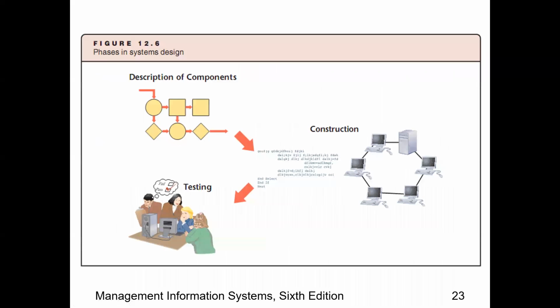So you can see that the description of the component is a flow chart. This is where you put a flow chart together, and then from the flow chart, a programmer will be able to do the coding, which is the construction of the app, and then you do internal testing.